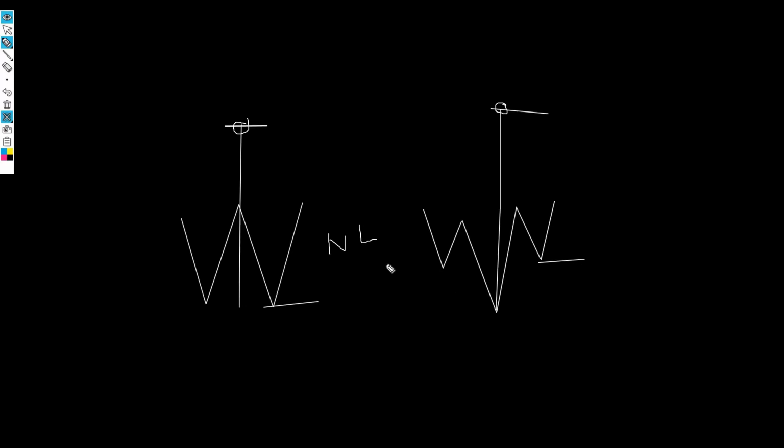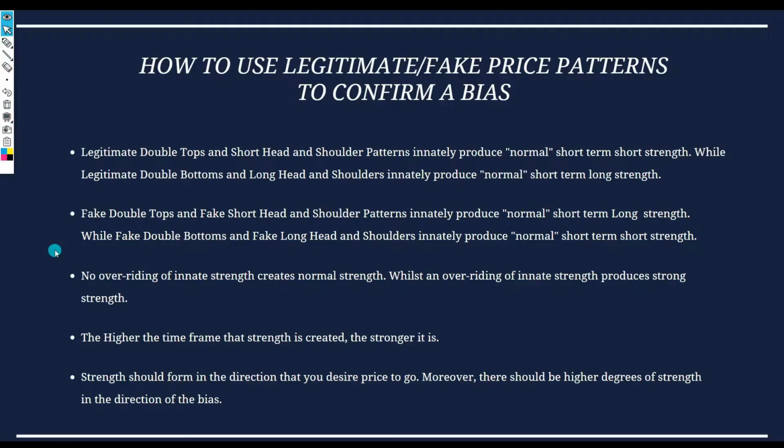Okay, so now let's go over fake patterns. All right, number 2, fake double tops and fake short head and shoulder patterns innately produce normal short-term long strength, while fake double bottoms and fake long head and shoulders innately produce normal short-term short strength. All right, so let me explain these.